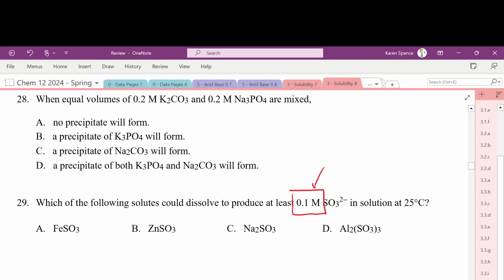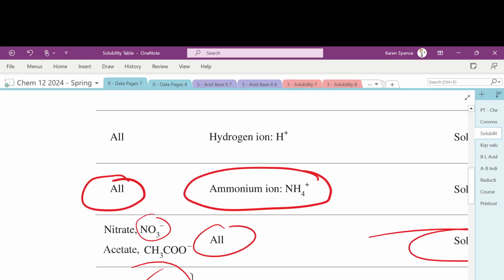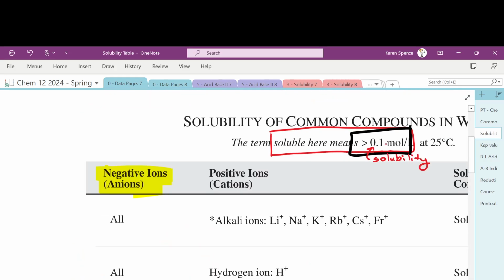What's special about 0.1 molar? You need to have a salt which is soluble, because of course, if we look at our table, soluble means greater than 0.1 molar.